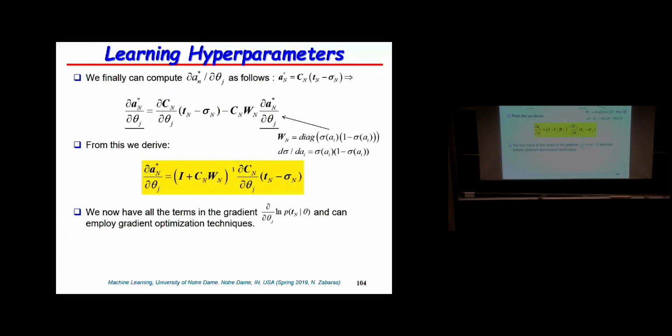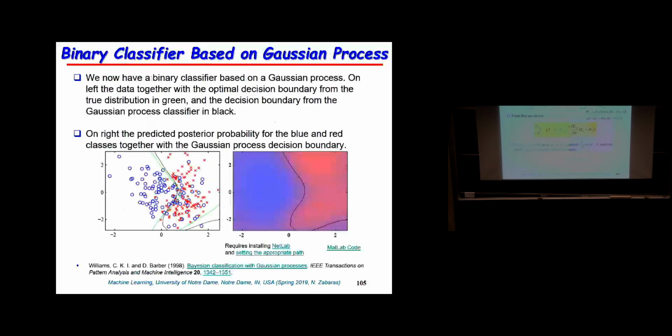When you work out the algebra, you have all these gradients of the evidence with respect to the hyperparameters, and you can use your favorite stochastic optimization algorithm to update the parameters, and use this together with the predictive distribution, and you can effectively compute the posterior probabilities.